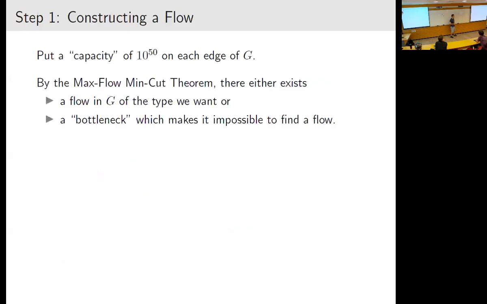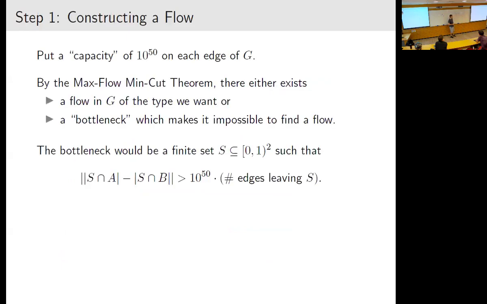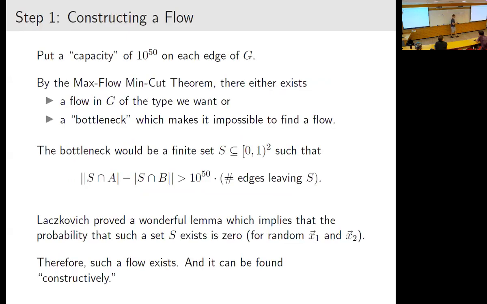And actually, there's some amazing lemma of Laczkovich, which basically tells you that this is not going to happen. If I take any subset of vertices in this graph, the discrepancy between the number of points of A or B that are in that set is going to be small.